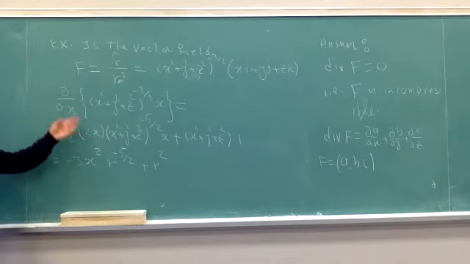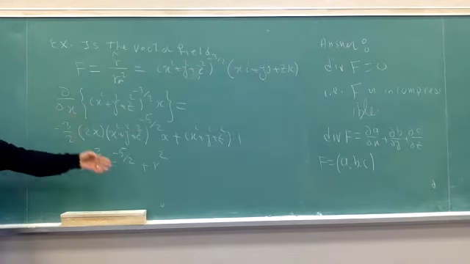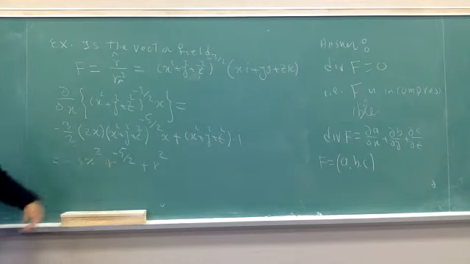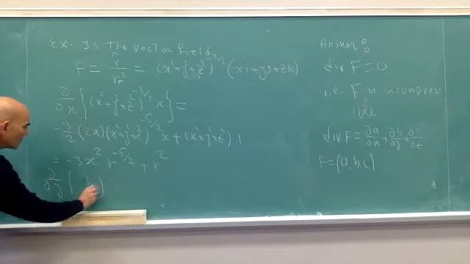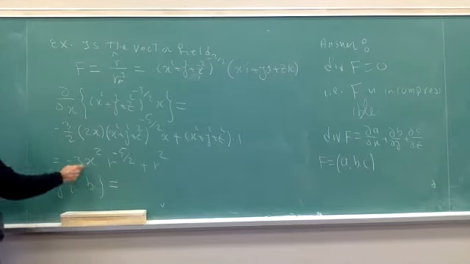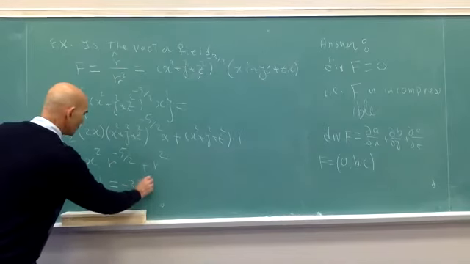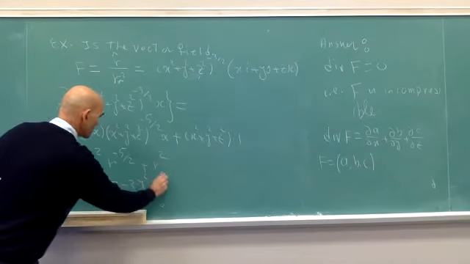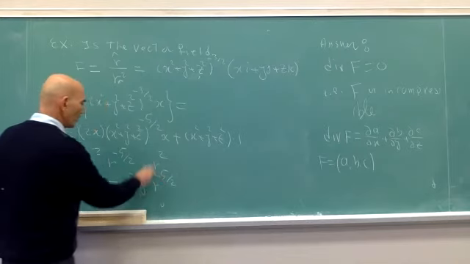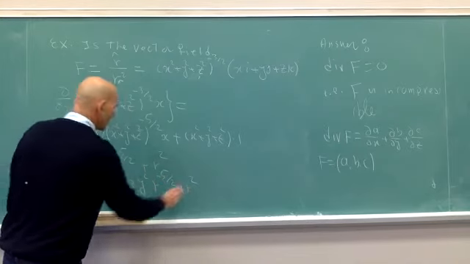Now the partial derivative with respect to y of the second component is similar, just replace x by y, otherwise it's symmetric: -3y² r^(-5/2) plus r^(-3/2).